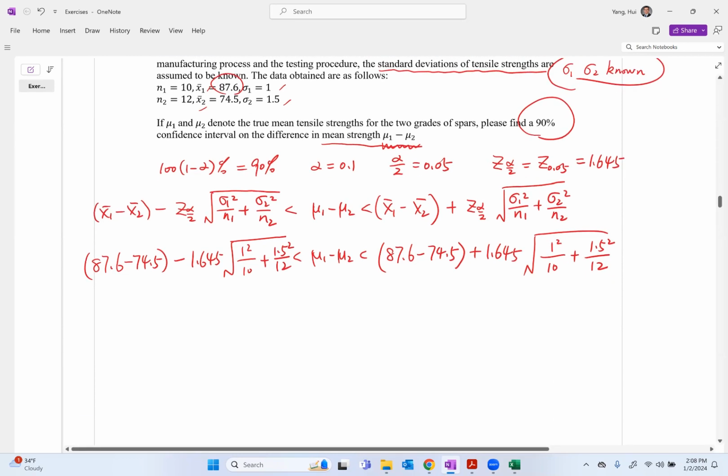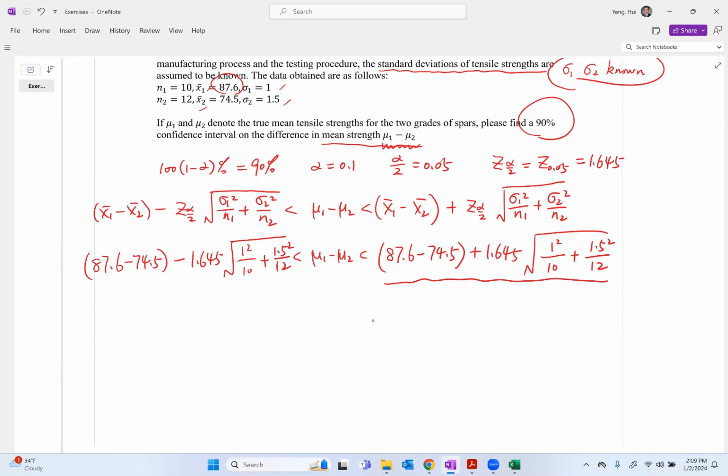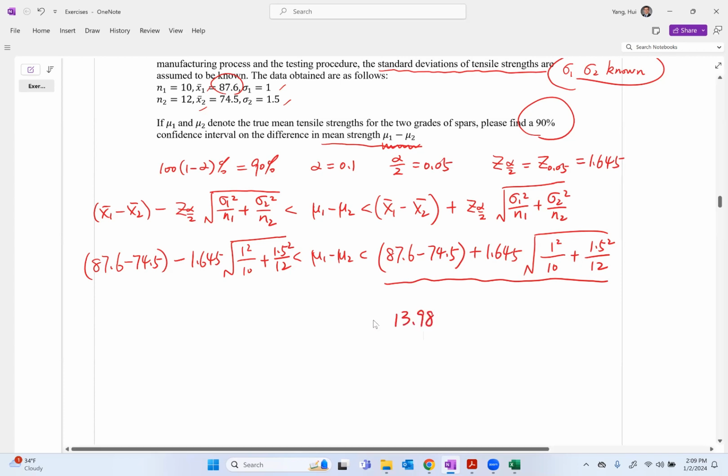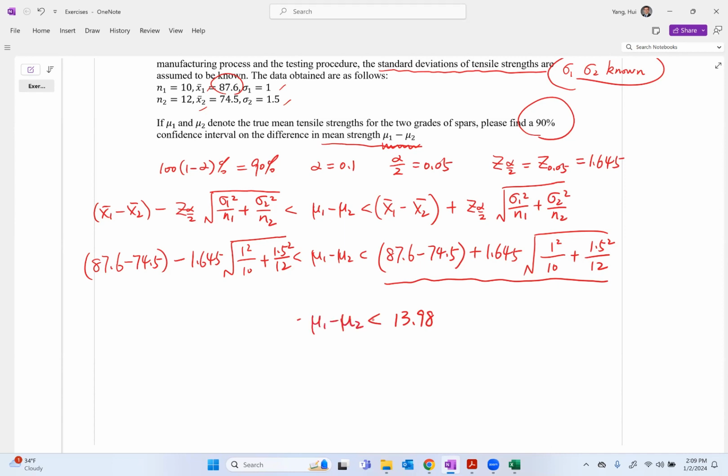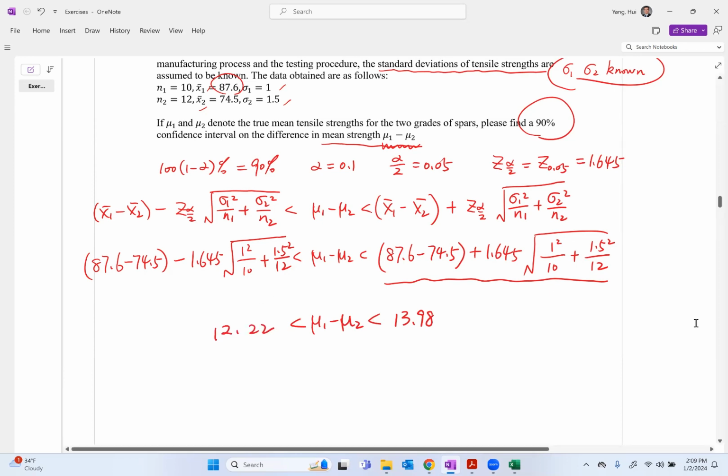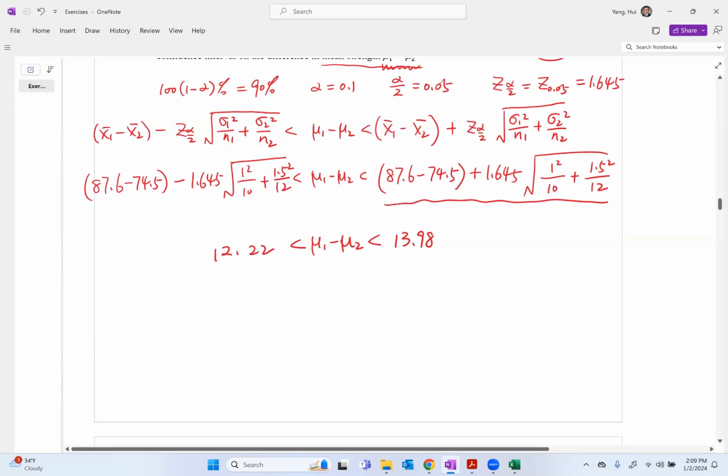Let's do the computation here. This side will equal 13.98, so mu1 minus mu2 is less than this number, and greater than 12.22. So this will be the 90% confidence interval on the difference in mean strength, mu1 minus mu2.